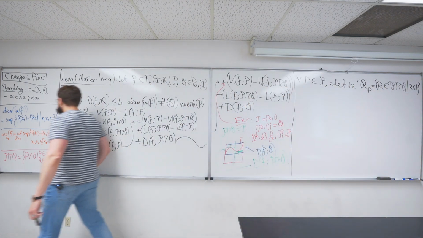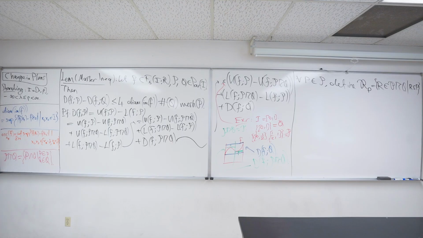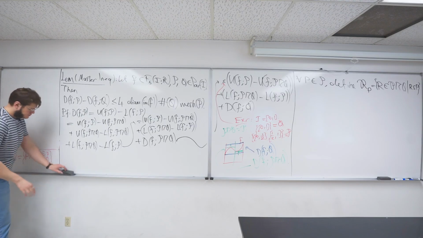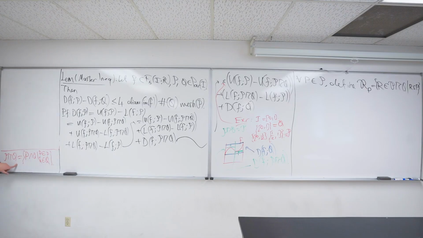Let's try to visualize what is happening here. And I'll remind you how to think of this also. How do you visualize the coarsest common refinement?